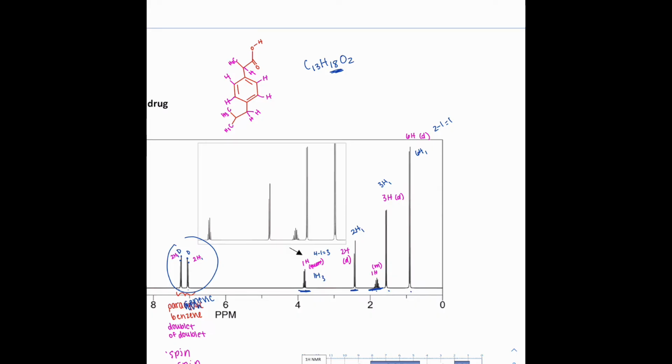So here we can piece things apart. Starting at this signal right here, just because we know the structure in this case, we know that there's going to be one hydrogen and three neighbors.